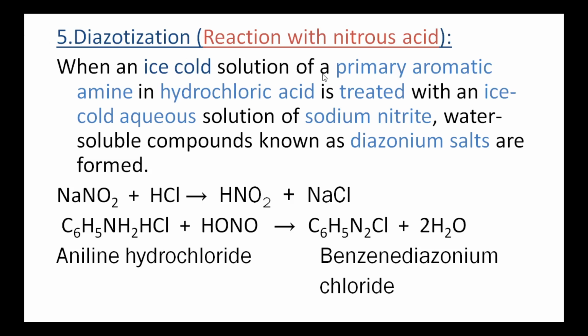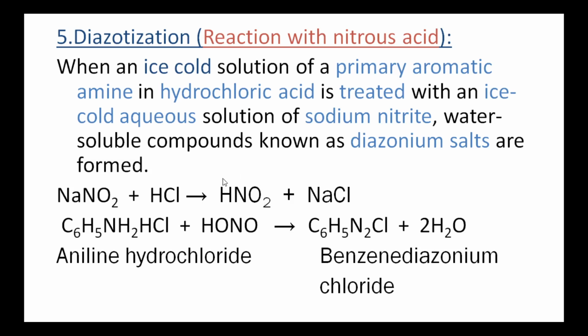In this reaction, primary aromatic amine in hydrochloric acid reacts with ice cold solution of sodium nitrite, forming diazonium salts. That is, NaNO2 first reacts with HCl, forming nitrous acid, whose formula is HNO2.